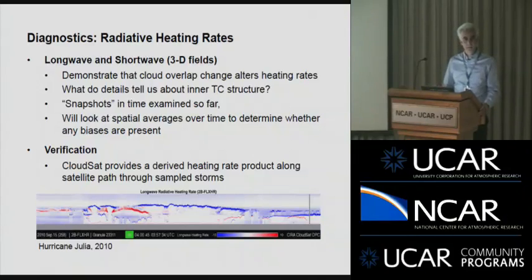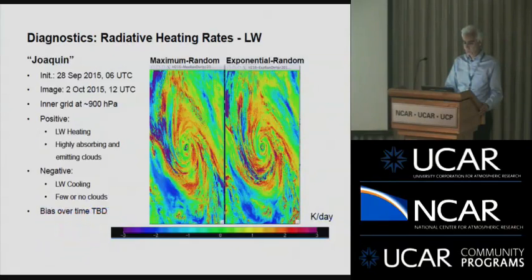If the satellite happened to pass over a storm, then they will derive a vertical slice of the heating rates through the particular storm. This is an example from Hurricane Julia from 2010 showing the long wave heating in red and long wave cooling in blue near the tops of the high clouds. So that's a diagnostic that conceivably we could use in the future.